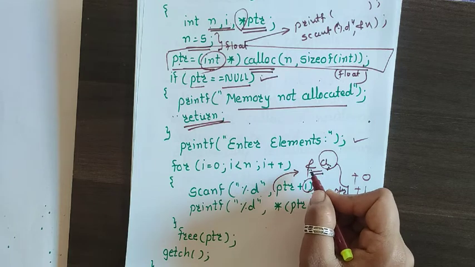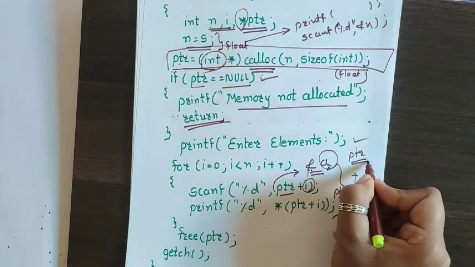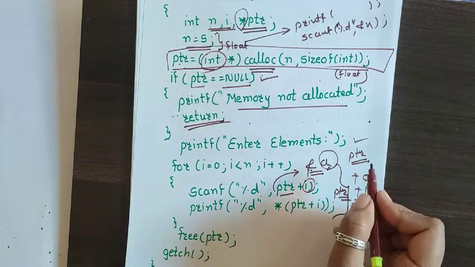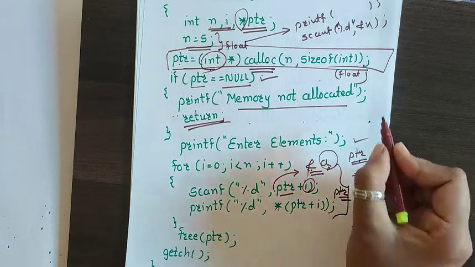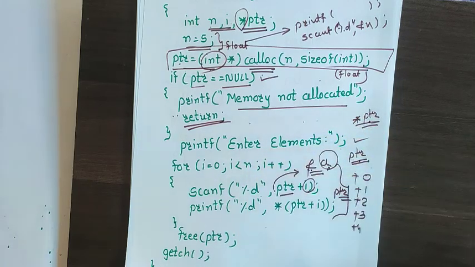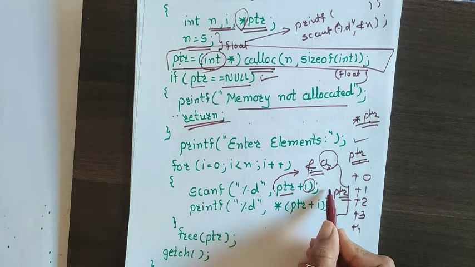But here ptr itself is an address because it's a pointer. Here we are using the concept of pointer. So ptr itself is an address, and if I want to print the value, I need to write star ptr, that is the value of that particular location. So scanf %d, ptr plus i.